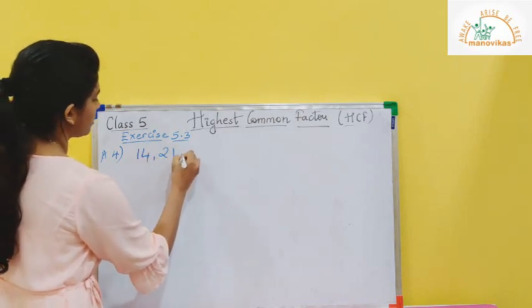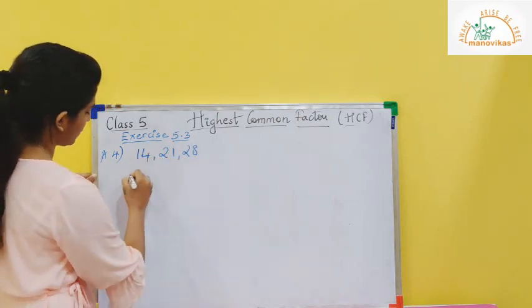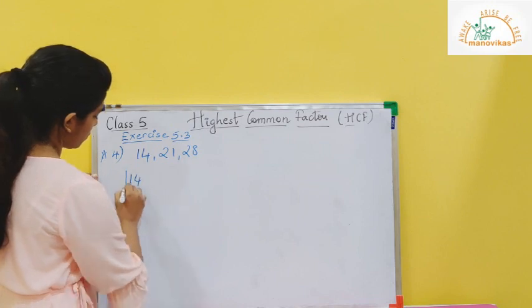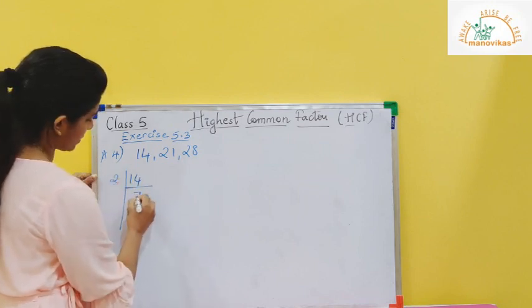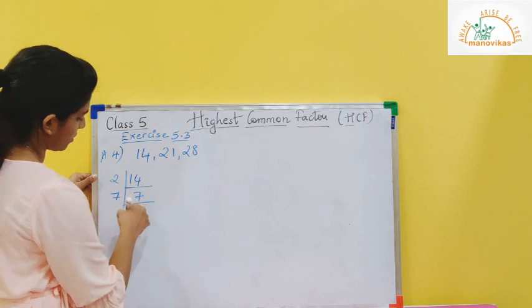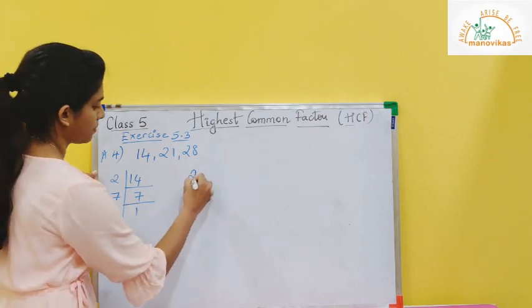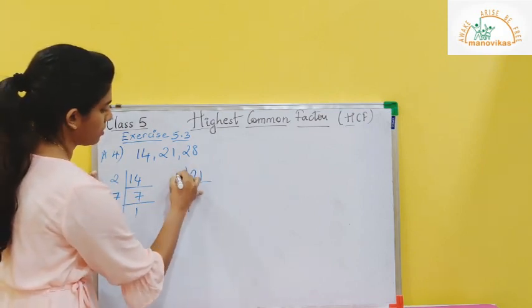14, 21, 28. 14: 2 7s are 14, 7 1s are 7. Next number is 21.